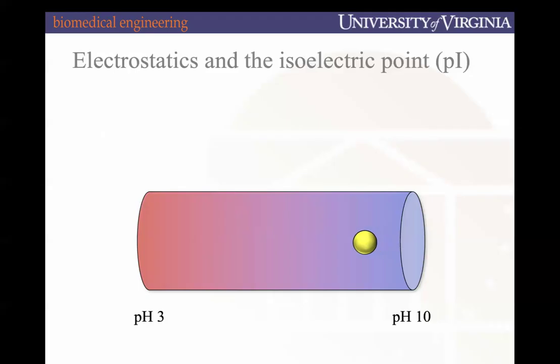The pH at which that happens, where it settles, is called the isoelectric point. Again, the pH at which a protein is electrostatically neutral is referred to as its isoelectric point. And every protein has a unique isoelectric point. And that helps us understand how positively charged or negatively charged it is.